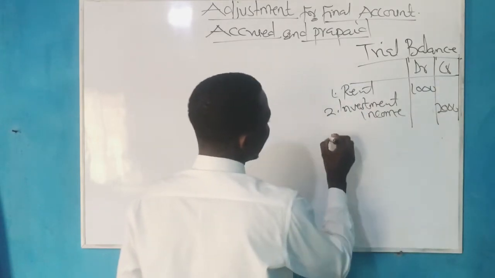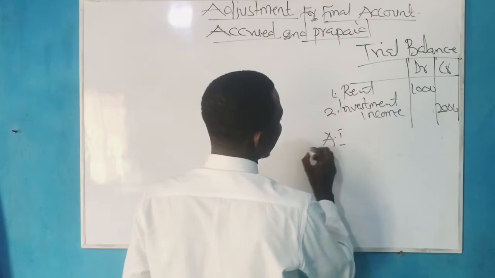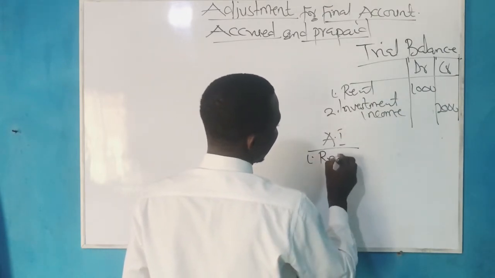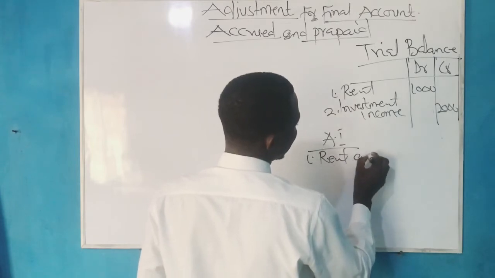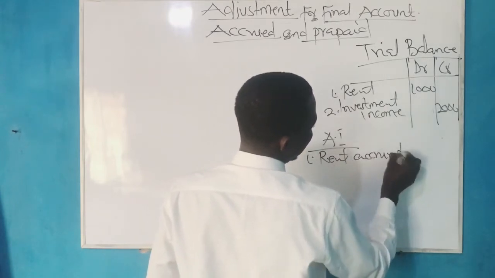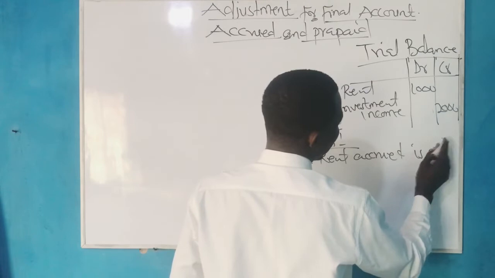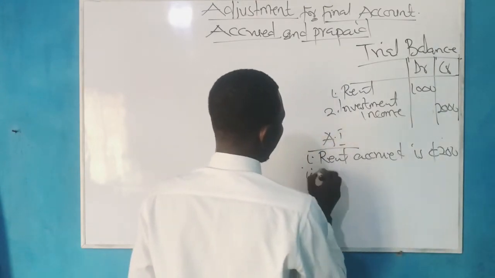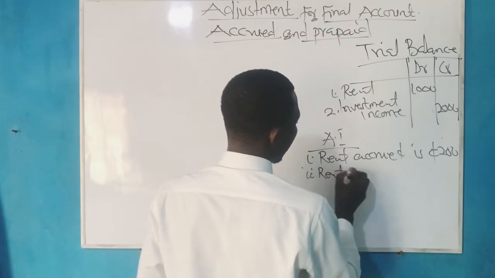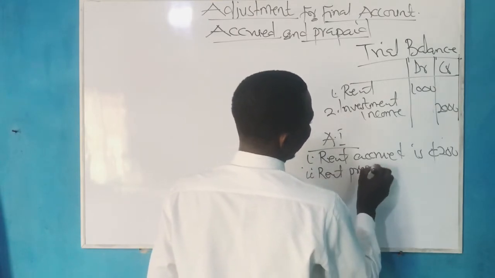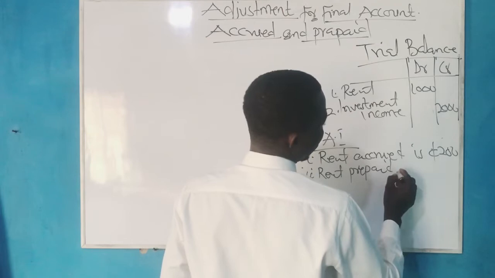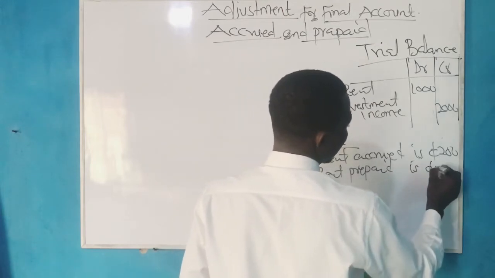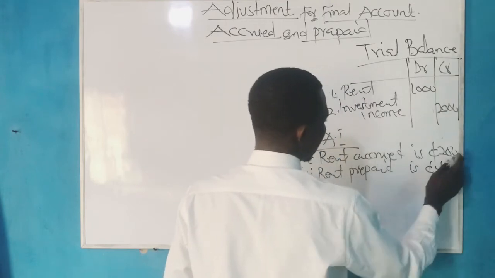Okay. Maybe in the additional information, you'll be talking about rent accrued is, let's say, 200 cedis. Maybe you have rent prepaid, let's say also 400 cedis.